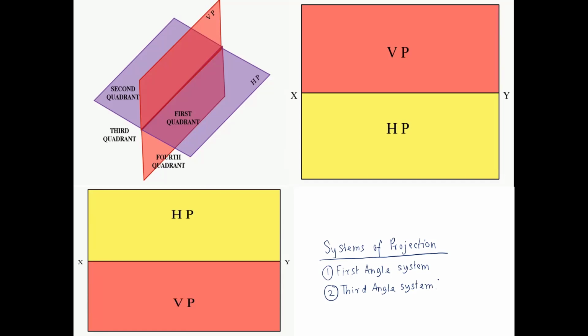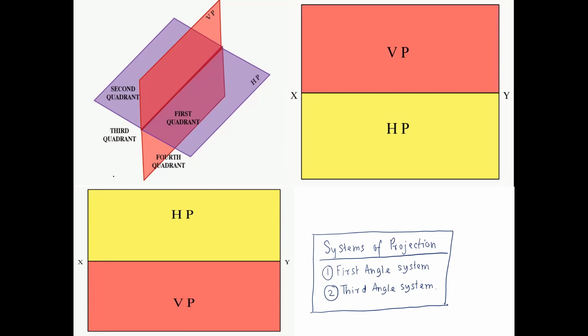First angle system and third angle system, these are the two systems of projection. Now we will slowly understand the definition of these two systems of projection. We will see what is the similarity in these two systems and what is the dissimilarity. But let us start understanding the concepts from a fundamental point.